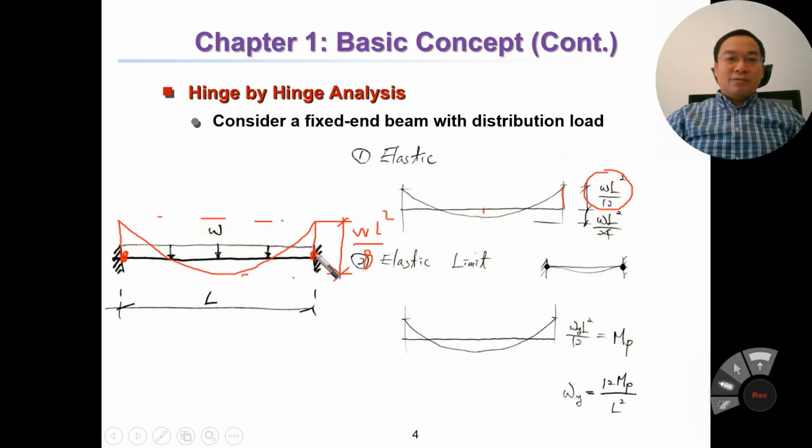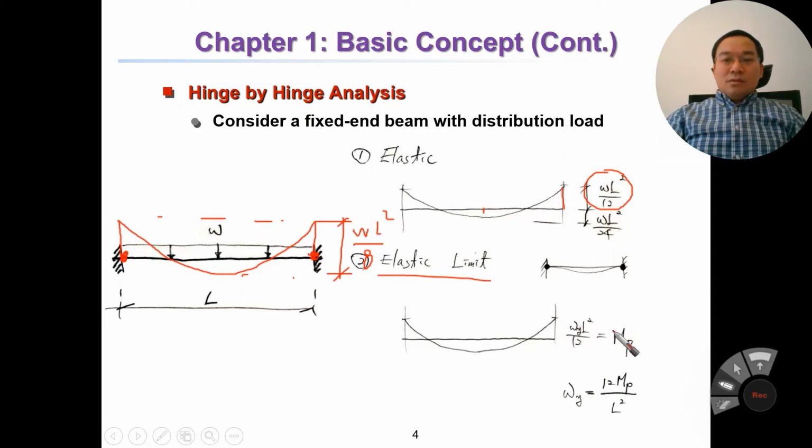So the plastic hinge will occur here first. So we have two plastic hinges at the fixed ends at the elastic limit.